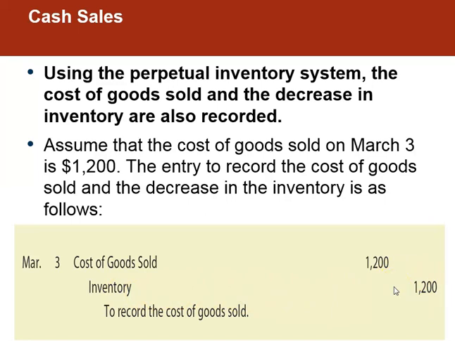Now, I will say this. You could make this all as one entry. You could have cash up here as a debit and cost of goods sold as a debit, cash for $1,800, cost of goods sold for $1,200. Then you could have a sales credit for $1,800 and inventory credit for $1,200.